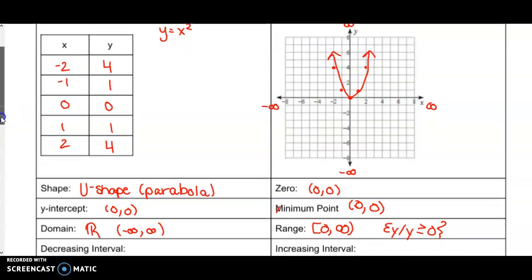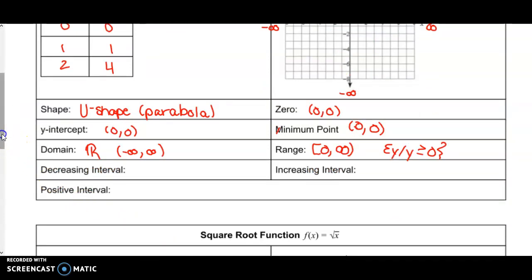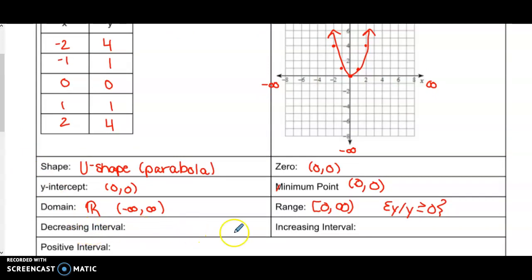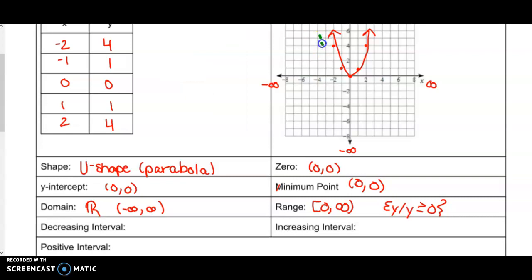All right, some other key features that you'll see on a quadratic are your increasing and decreasing intervals. Remember with these two, when it says decreasing and increasing, you trace it left to right. So if I start on the left and I trace it, this side is pointing down, so this side would be decreasing. Then it hits this point here, which is 0 on the x-axis.